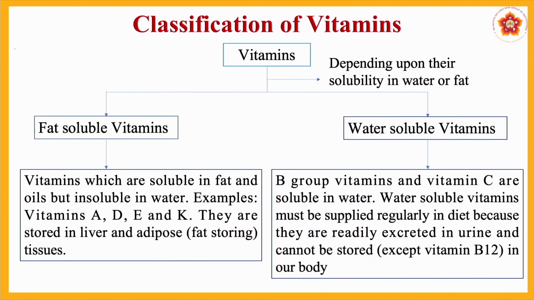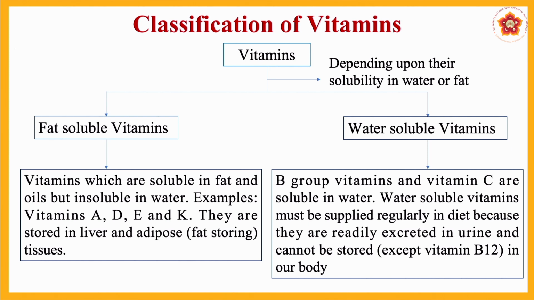So, the classification of vitamins. Vitamins are classified depending upon their solubility in water or fat. We divide them into two types here, fat soluble vitamins and water soluble vitamins. What is meant by fat soluble vitamins here?